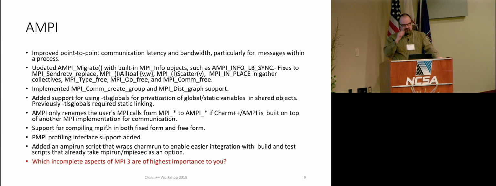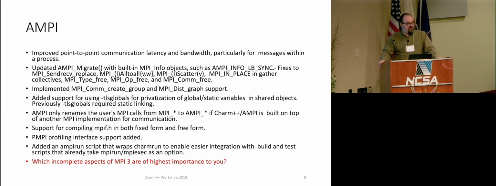We've also improved support for TLS globals and minimized AMPI's interaction with other MPI choices as much as possible, improved support for compiling with MPIF, added profiling support, and added an AMPI run wrapper script that works much like charmrun to simplify launch.